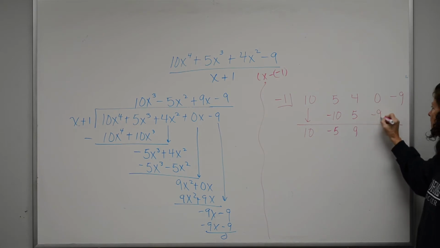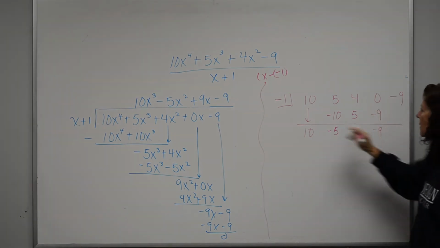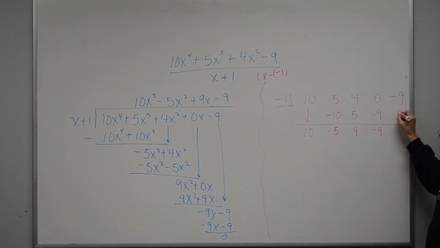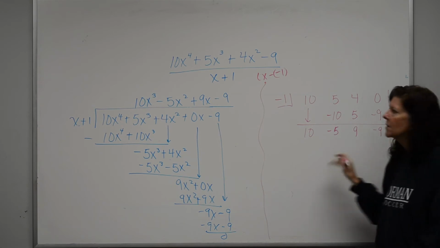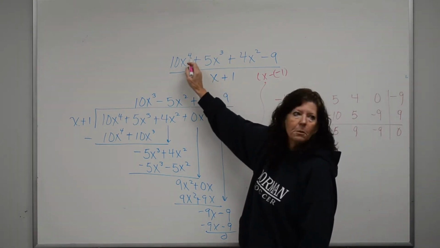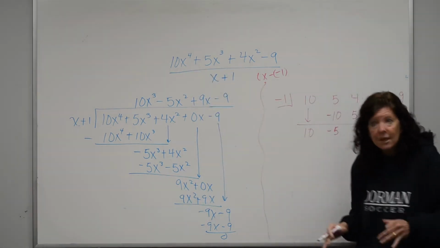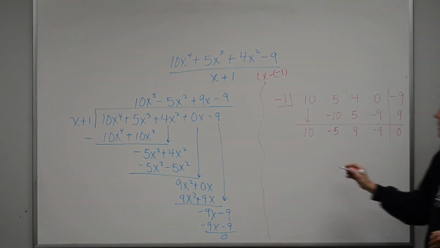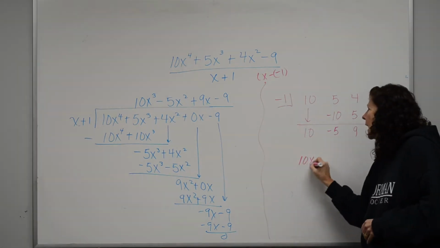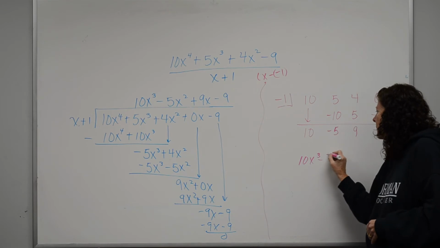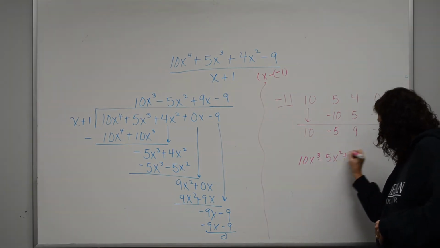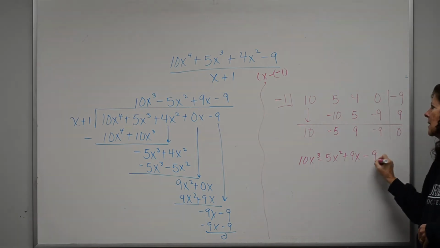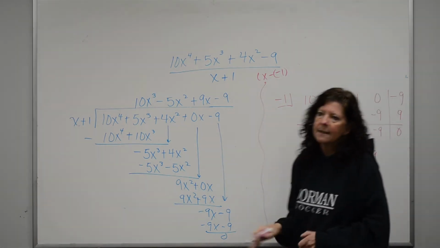Multiply, place, add. Multiply, place, add. If it comes out even, I get a 0 at the end. And, okay, what do I do with those? Well, I look up here, and if I started with a 4, remember this is where I have to press polynomial, I go down 1. So 10x cubed minus 5x plus 5x squared plus 9x minus 9. The exact same thing I got right there.